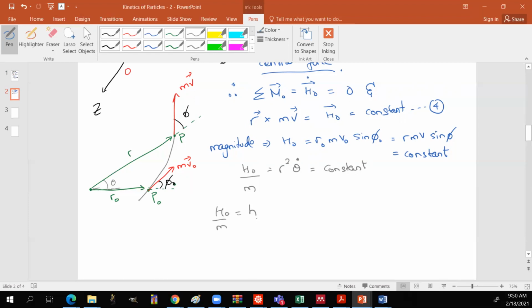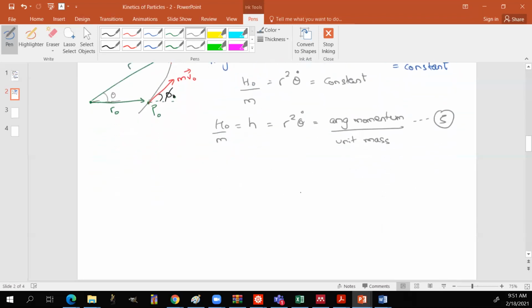So we usually drop that subscript over here, right? So this is equal to r squared times theta dot, and that is equal to your angular momentum per unit mass, right? And when we are solving problems, we can straight away just use this expression when we have a central force. And we'll take a look at that when we take a look at our problems today.